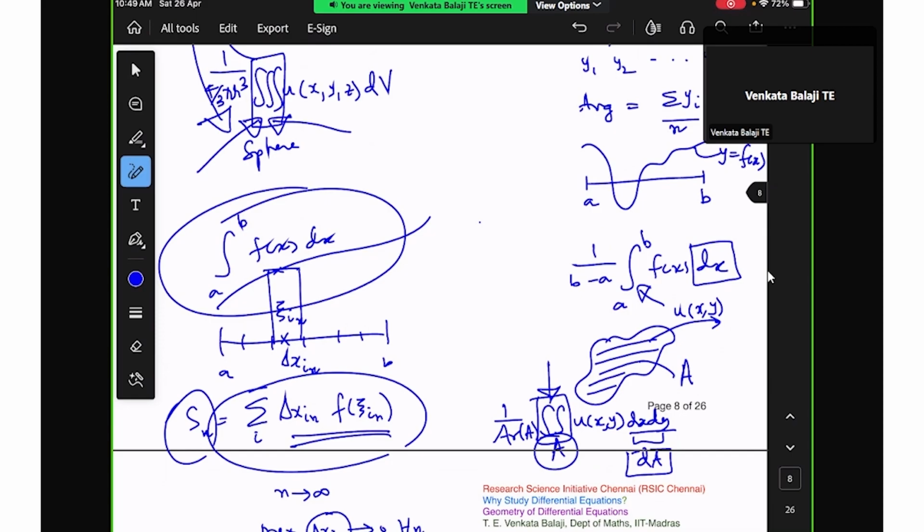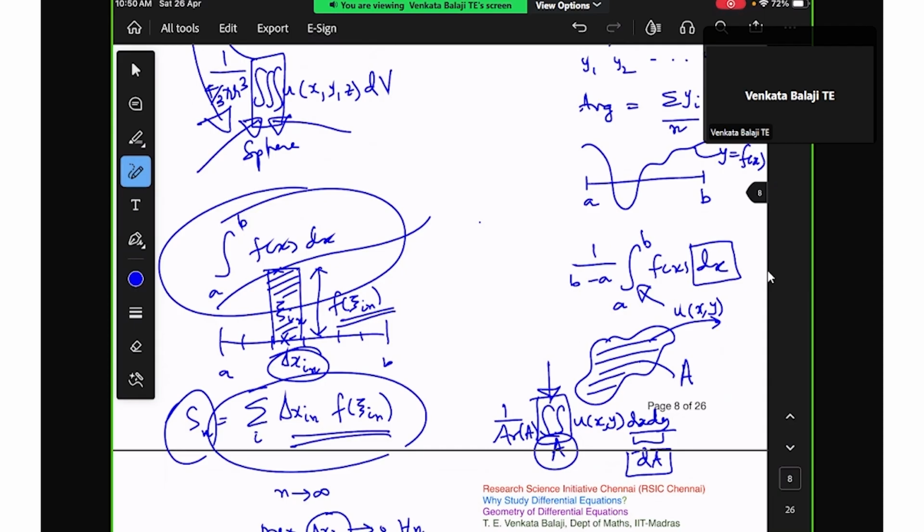This is your f of xi_i. The height is f of xi_i, the breadth is the length of the subinterval. That's the area. You are only adding areas and taking a limit. Basically you are saying the area under the curve exists, right? That's what you are saying.